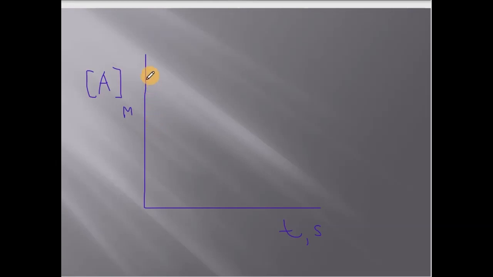So if here is 0, that is time 0, then the concentration is highest initially at this point. As the time proceeds in this direction, the concentration of the reactant drops, like that, because for the reactant, as the time progresses, it is consumed.